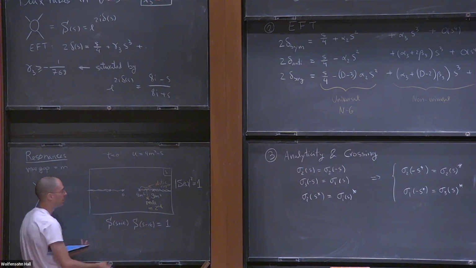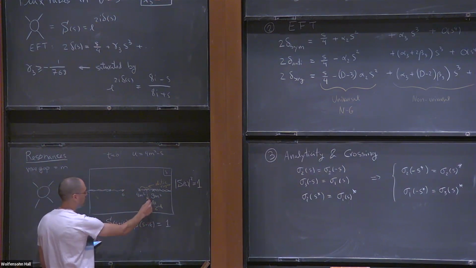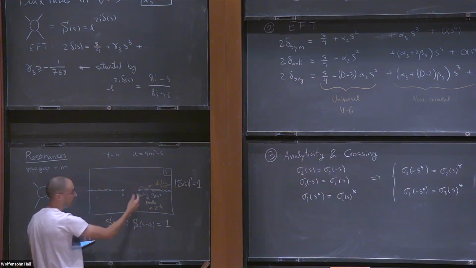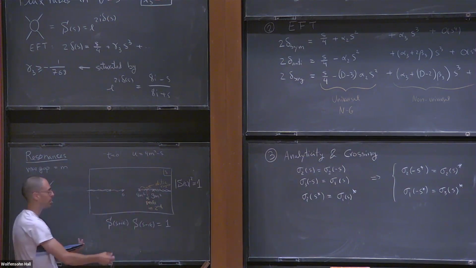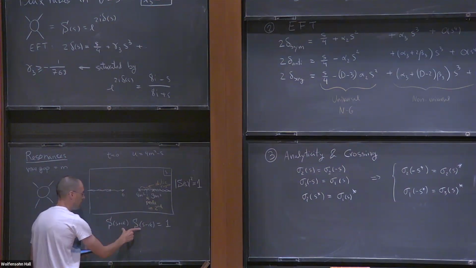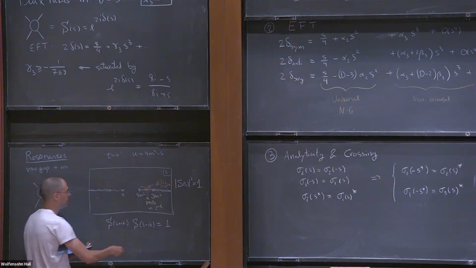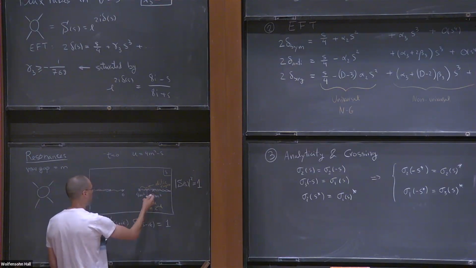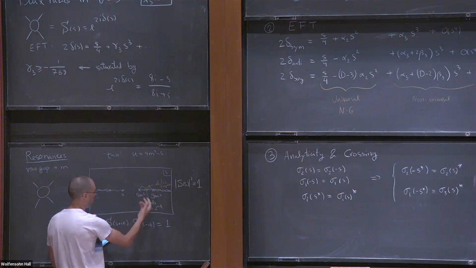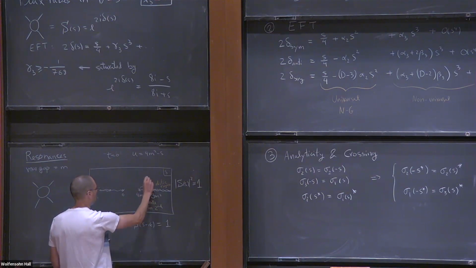So it means that if you have a pole in the second sheet, you will have to have a 0 in the first sheet because of the presence of this equality in the elastic region. So on the first sheet, you will have a 0, and you will have it on both sides. Maybe I just mark it here, 0 on the first sheet.